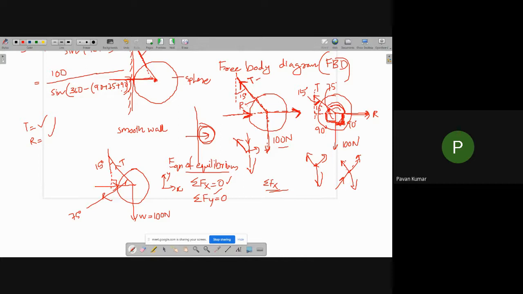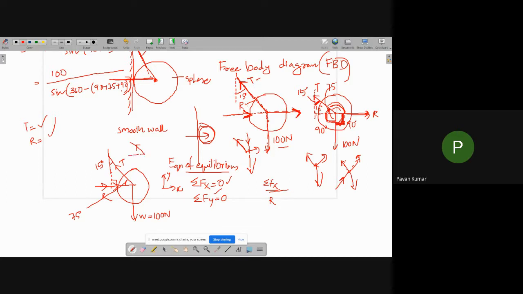This reaction R is going towards the positive, so this will be positive R. For W there won't be any x component, because it is acting along the y-axis. Now T is going like this, so we have to resolve the forces.